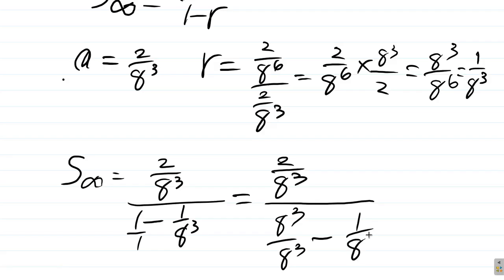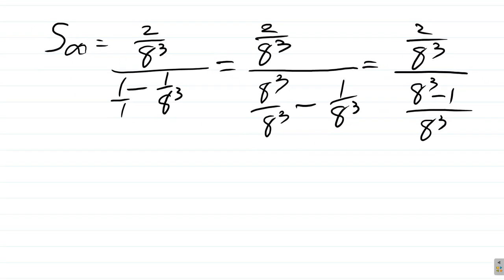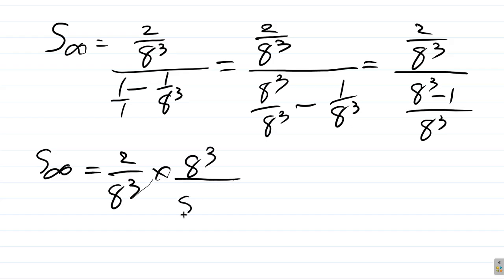Minus 1 over 8 to the 3. This would be 2 divided by 8 to the 3, all over 8 to the 3 minus 1. So the sum to infinity is the same as 2 over 8 to the 3 multiplied by 8 to the 3 over 8 to the 3 minus 1. 8 to the 3 cancels 8 to the 3.